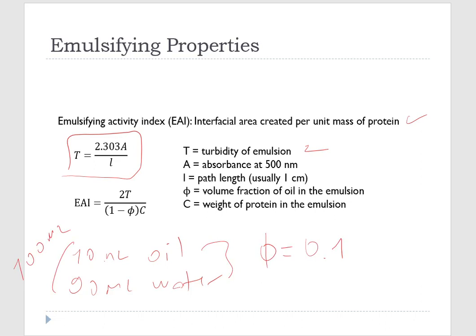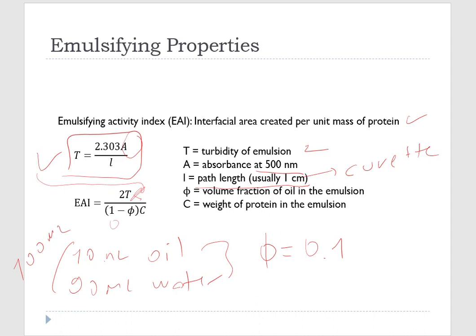So you need to measure the absorbance at 500 nanometer. This is the path length of the cuvette you use. Then you can calculate the T. So put T here.